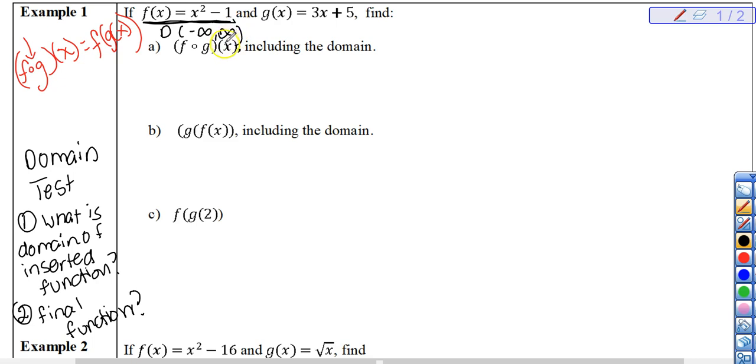Any x I want, I can plug in. There's nothing I'm not allowed to use. And I'll be doing my g of x functions in blue. Now this g of x function is a linear function. It is also completely unrestricted in the domain. I can plug in any real number that I want.